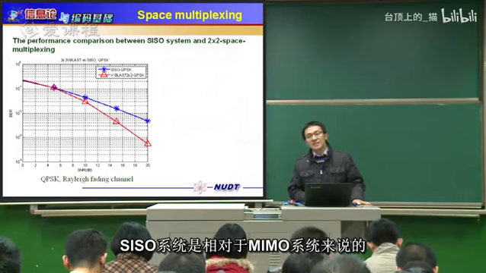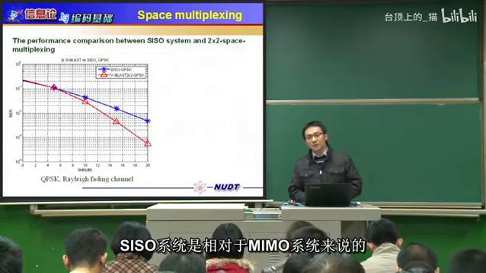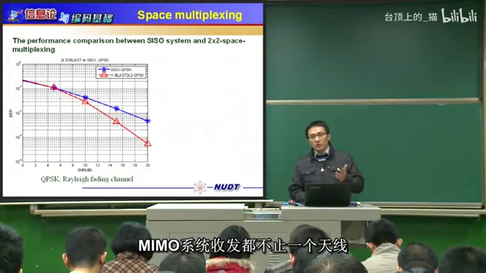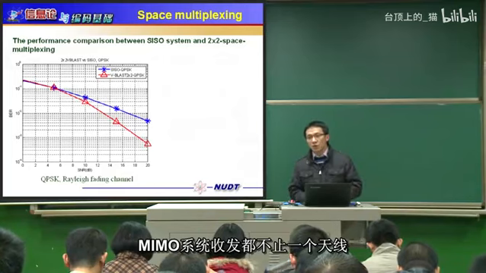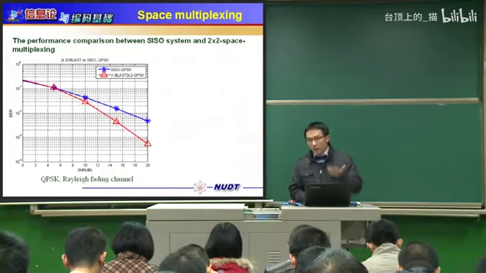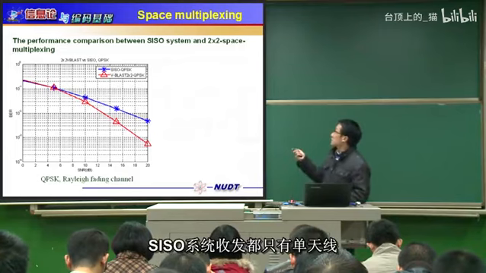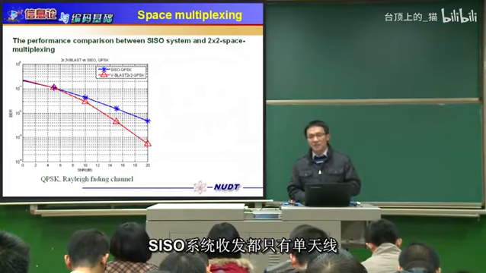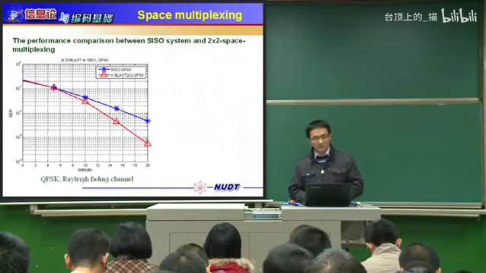You know, the MIMO system has multiple antennas on both the transmitter and the receiver sides, and for the SISO system, both the transmitter and receiver have just one antenna.